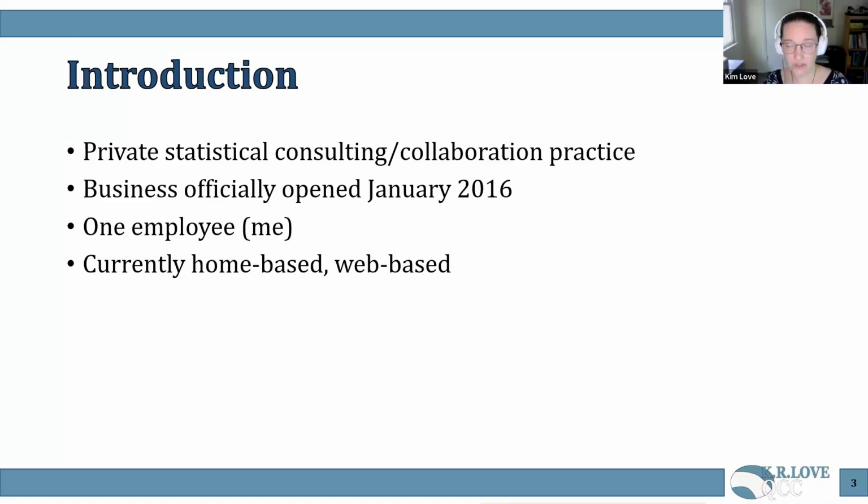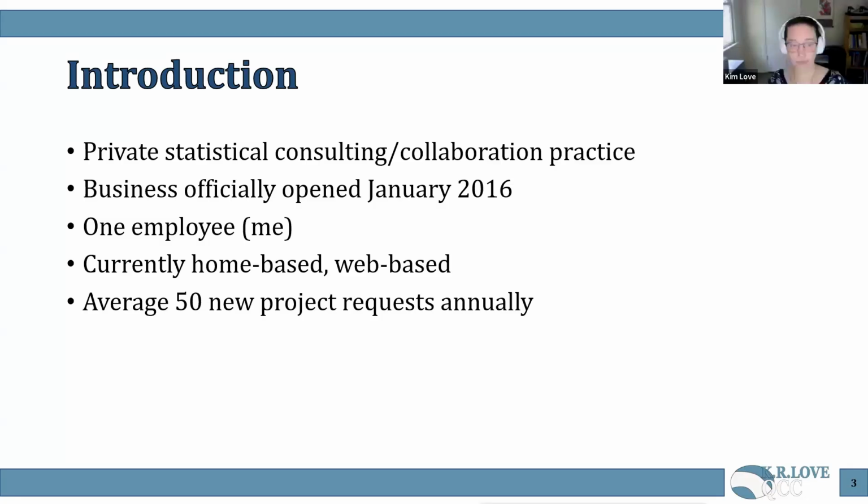To describe the volume of what I do, I had some data, but I also sort of guesstimated this number because not all of my projects come through the same channel. So I think I average about 50 new project requests annually. And most of those do become what I would consider to be collaborations.